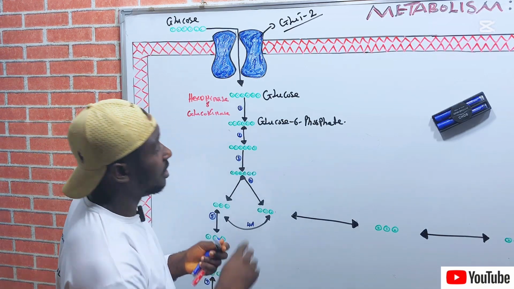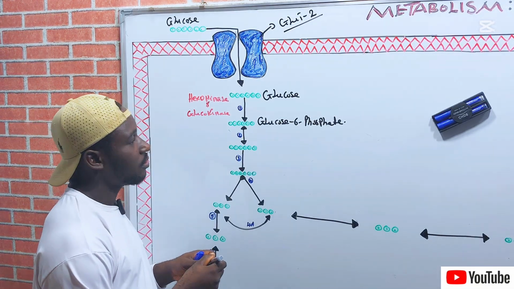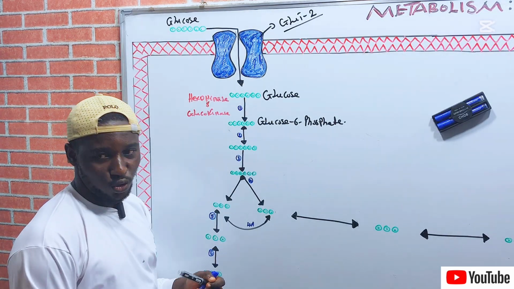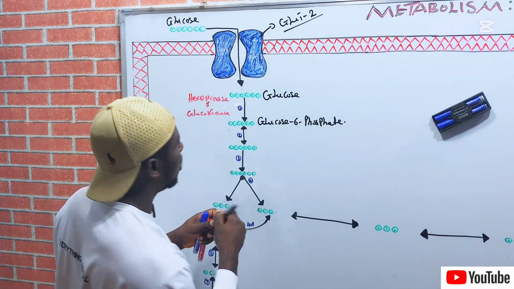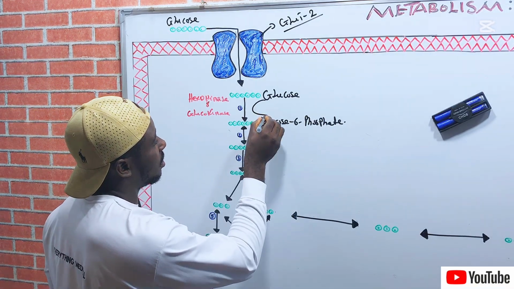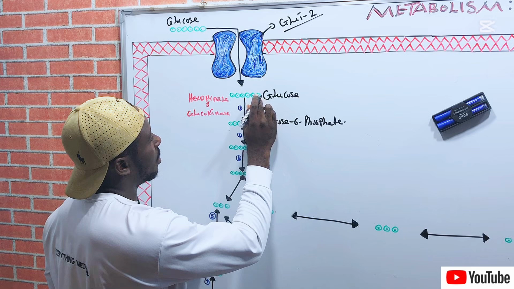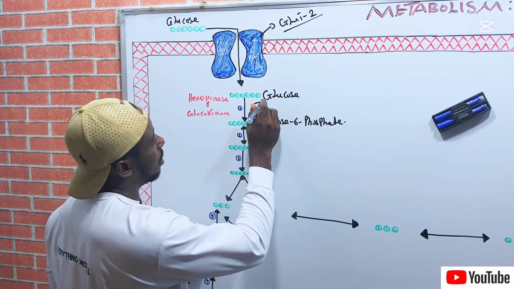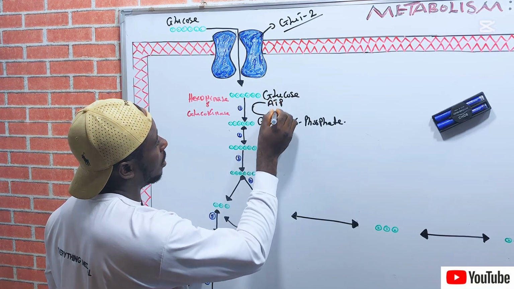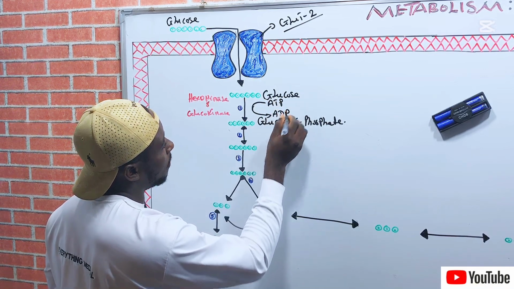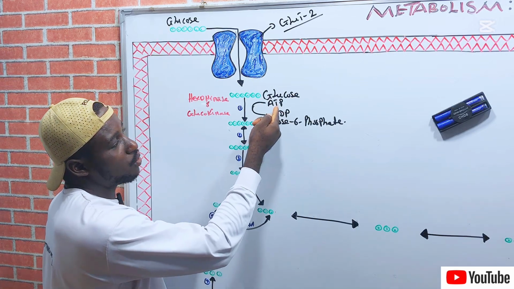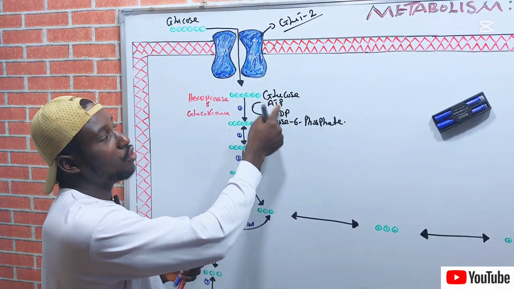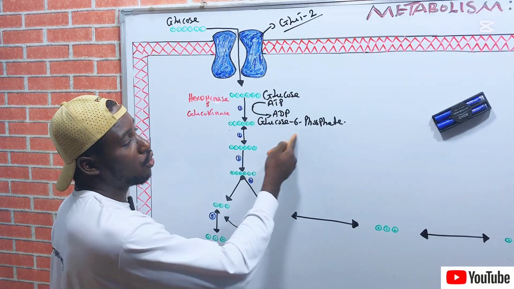In this step, which is step 1 of glycolysis, 1 ATP is utilized to phosphorylate glucose to form glucose 6-phosphate. So it is 1 ATP that is utilized to phosphorylate glucose to form glucose 6-phosphate.